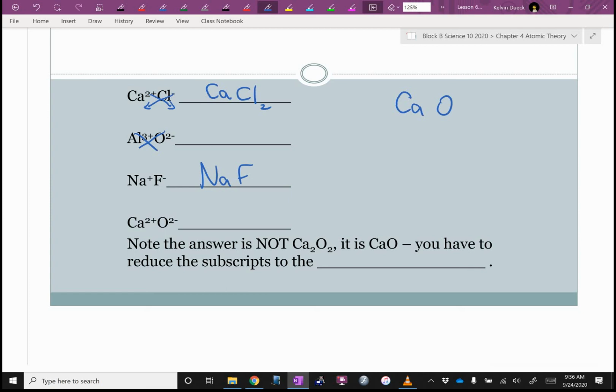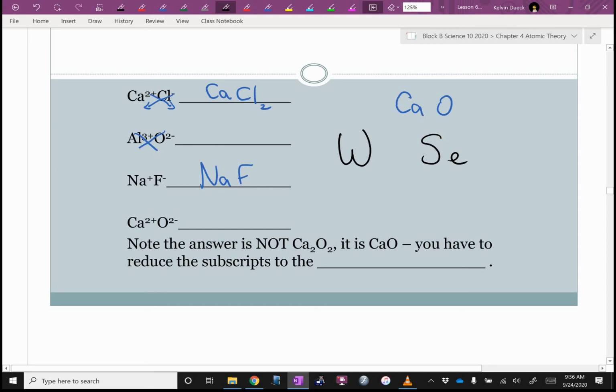So let me give you another example then. I've got to pick one that works that isn't crazy. Sure, if we wanted to combine W with Se.